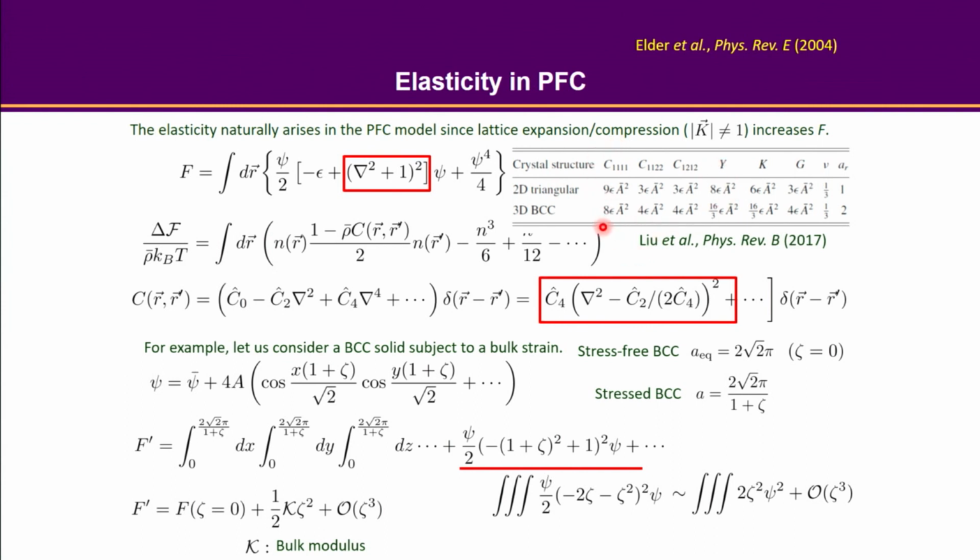They are some number times that amplitude squared, basically. And for the Young's modulus, you can do that for hexagonal lattice or BCC, but it's still the same. You will see the Young's modulus is also proportional to the amplitude squared, and this column is the bulk modulus, and G is the shear modulus. And the Poisson ratio for the 2D triangle lattice will be 1/3, etc.